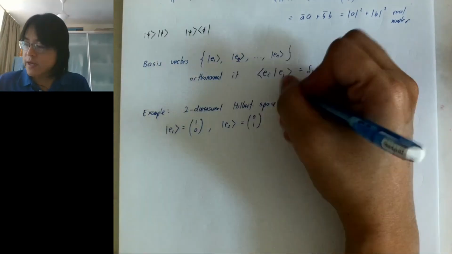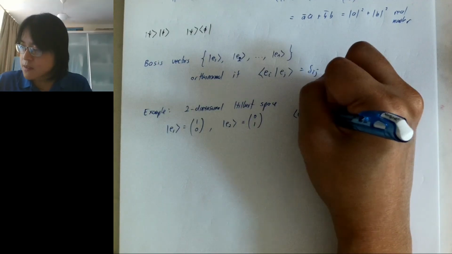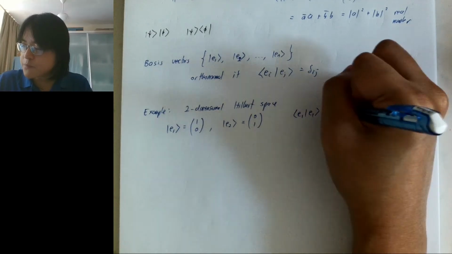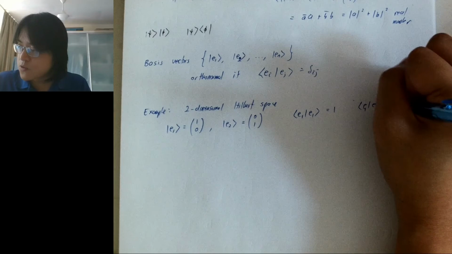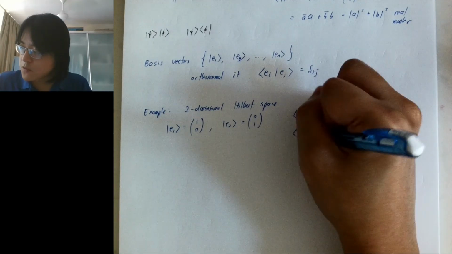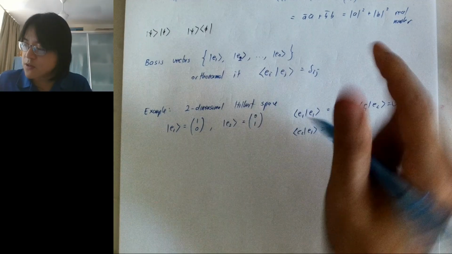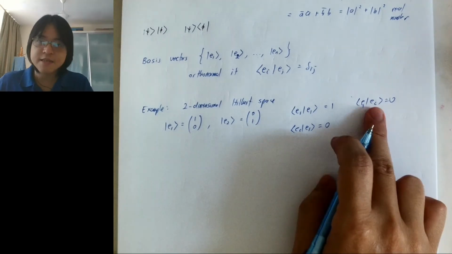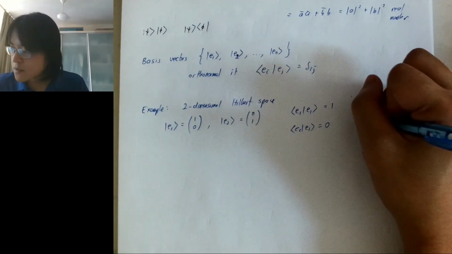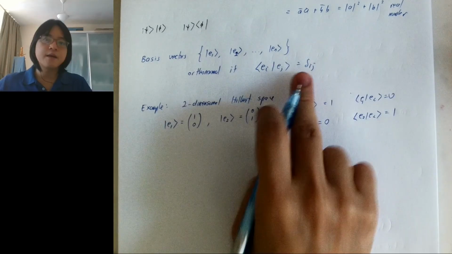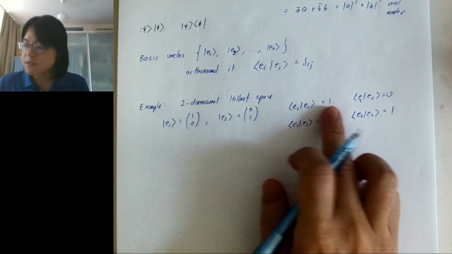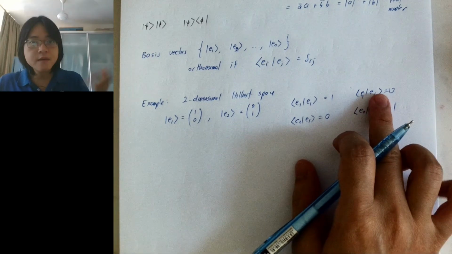You can check: E1 inner product by itself, you get 1, and E1 inner product with E2 you get 0. E2 E1 is also 0, as expected, the complex conjugate of 0. E2 with E2 you get 1. So Kronecker delta: if they're the same number it is 1, if they're different numbers you get 0.